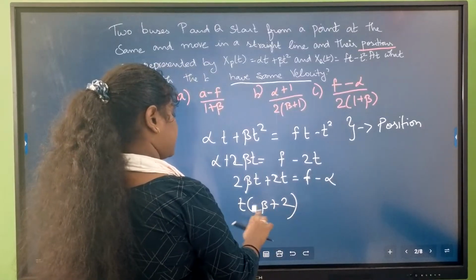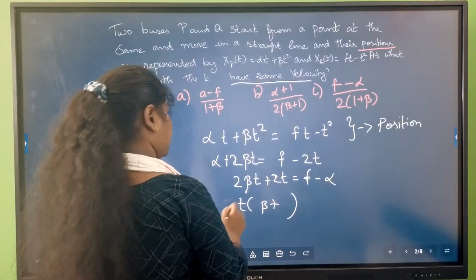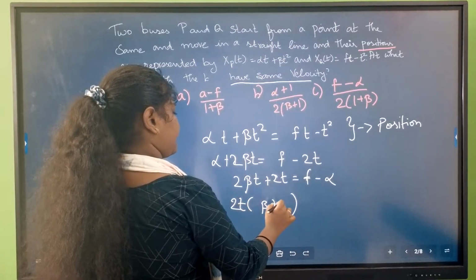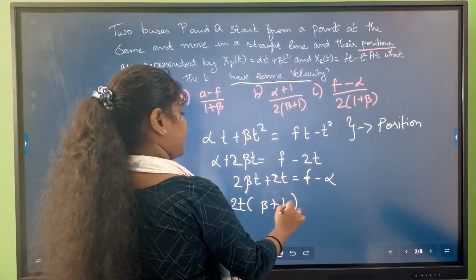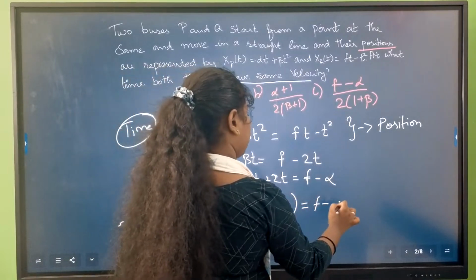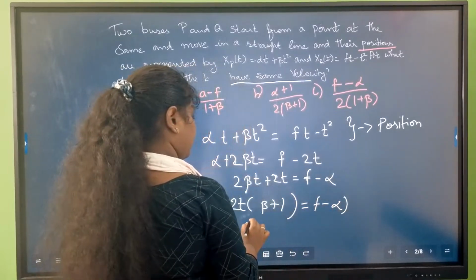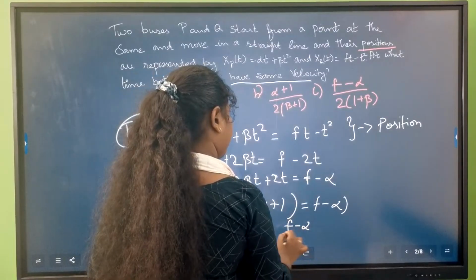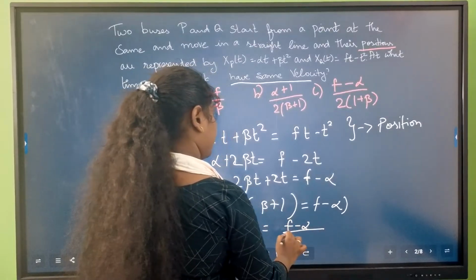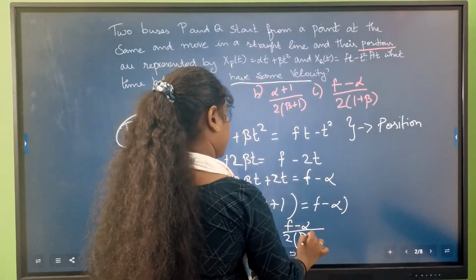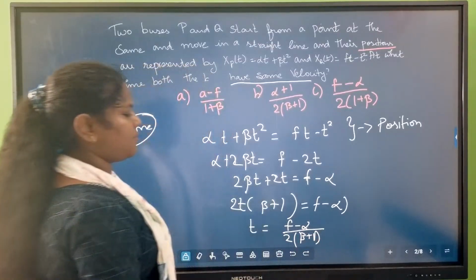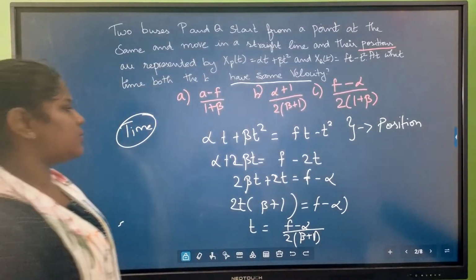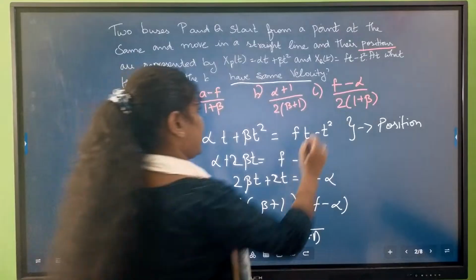If you take 2 as common, you will end up at 2t into beta plus 1, which is equal to f minus alpha. Okay? You need t, right? Keep t this side. Your f minus alpha divided by beta plus 1. This will be your final answer. So your option C is correct.